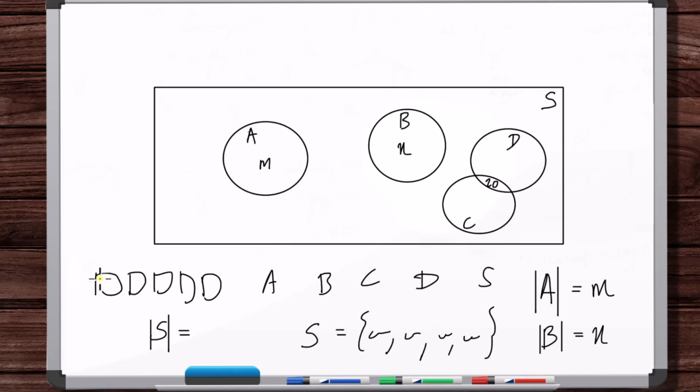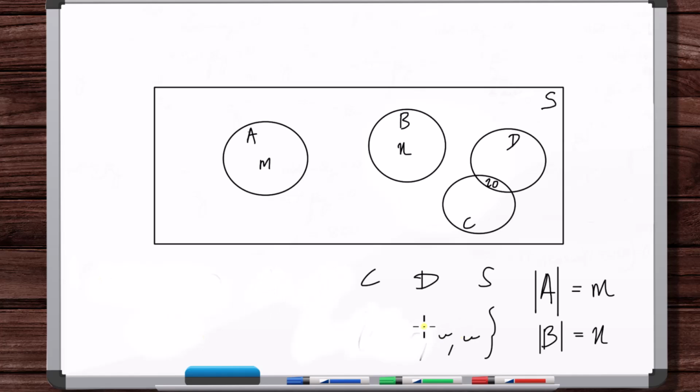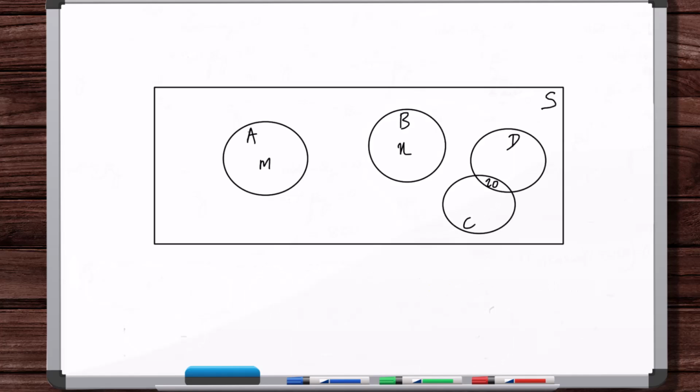Okay, now what you can do is you have the ability to perform operations between sets, between 2 or more sets. Okay, there's different operations you can do, but 2 of the main ones are the union and the intersection operation.